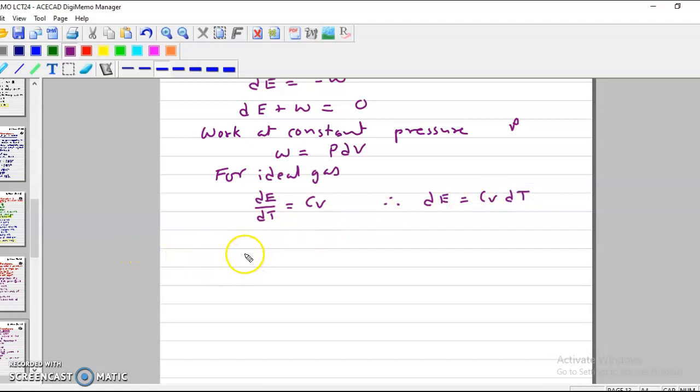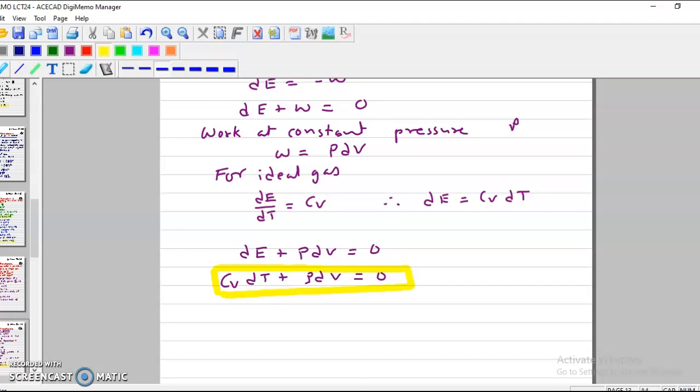So dE plus W, meaning P dV, is equal to 0 for adiabatic process, and now for dE we put CV, so CV dT plus P dV is equal to 0. So this is an important formula for adiabatic changes.